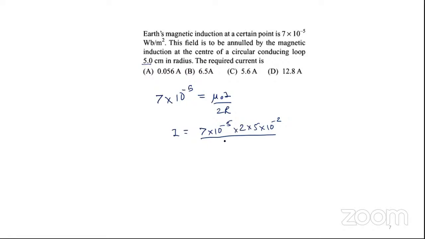Mu naught is 4 pi into 10 to the power minus 7. So if you calculate this value, 10 to the power minus 7 gets cancelled, and this will give the answer 5.6 amperes. C is the right answer.